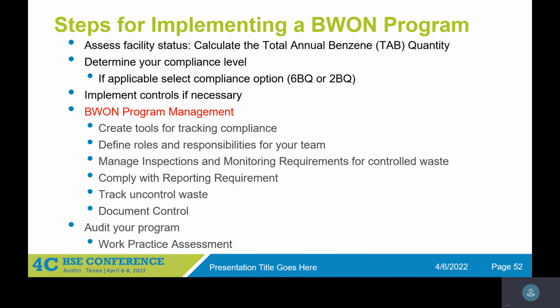So now that's where most people are, right? Except for Stephanie, everybody else is on this side already. So really, how do you make sure that your BWON program is good, right? Somebody has come and done the TAB. It's probably 15 years old. You're hoping that it's still good, right?